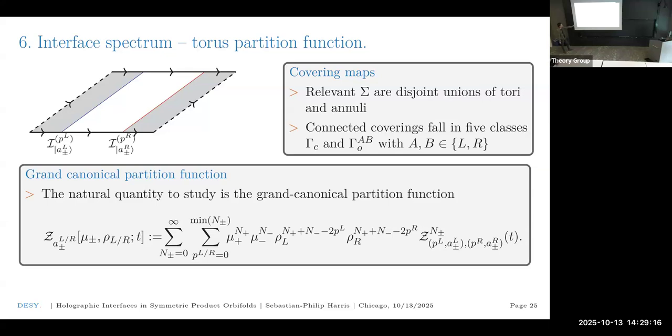Instead, this time we'll directly go to the grand canonical ensemble. The 4 quantities that add constraints on our covering maps in this case are p left, p right, and n plus and n minus. To lift all of these constraints, we need to sum over all of these quantities.